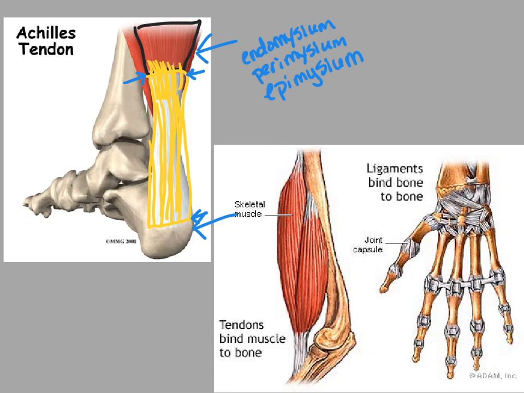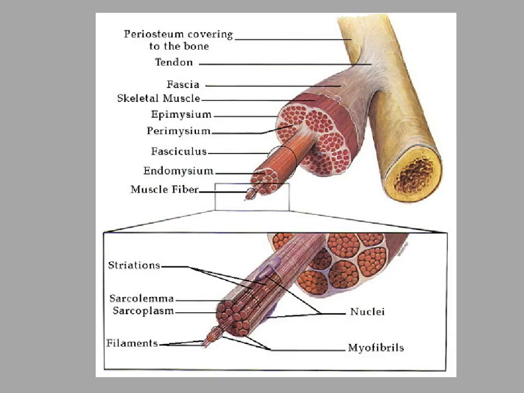And then remember what surrounds all bone. Remember, all bone is surrounded by periosteum, and periosteum has an outer fibrous layer and an inner cellular layer. So these fibers of the tendon weave right into the outer fibrous layer of the periosteum on bone, making that a really tight connection. In the next picture, we can see this a little bit better.